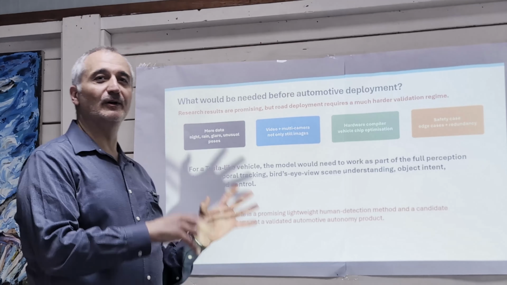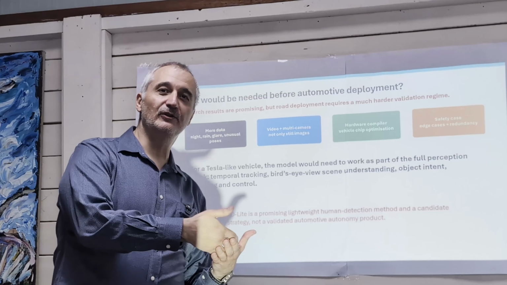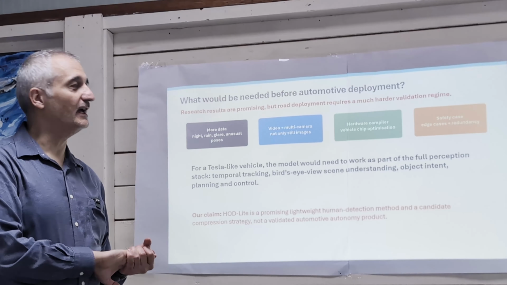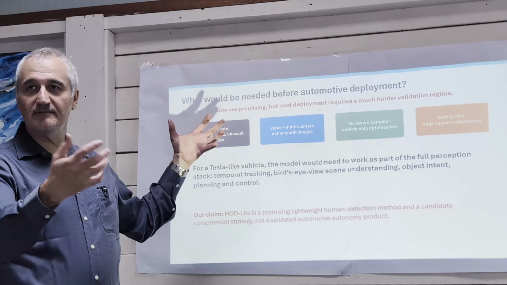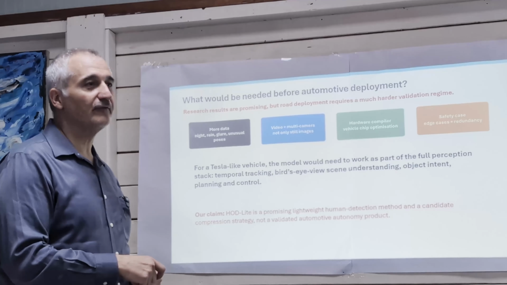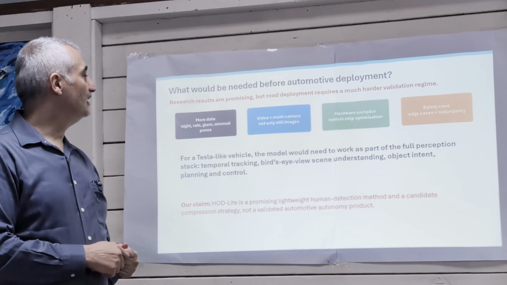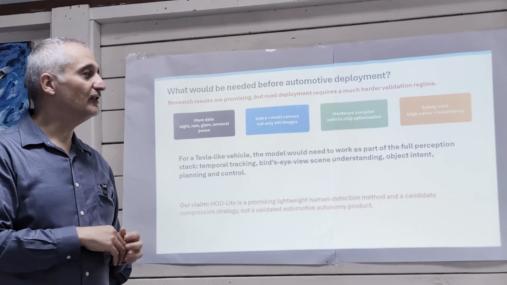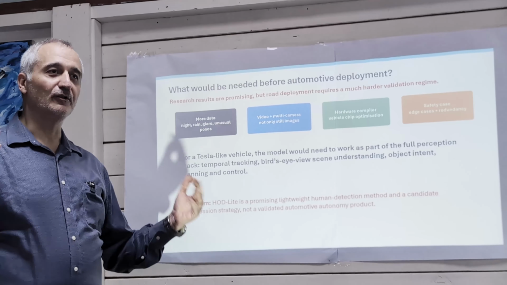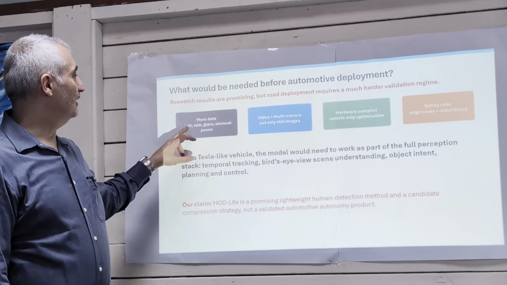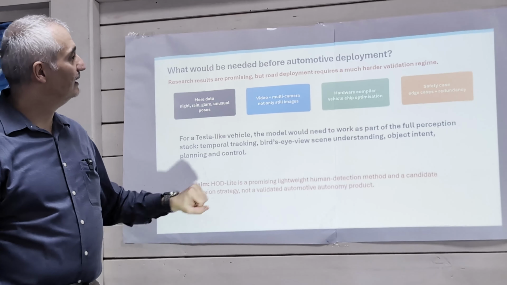So for benchmarking, we used common data sets available online. But of course, Tesla records a lot of usage, therefore they're gathering all that data. That's why it gets better and better every time, because it's accumulating all the data. So more data is needed.